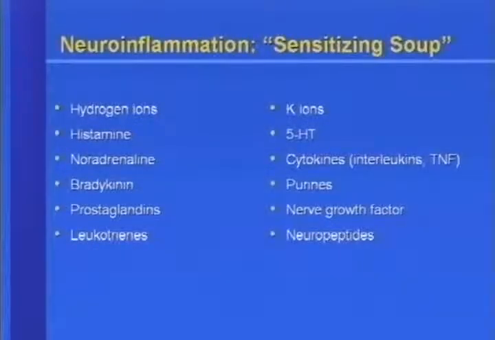In general, I think we think of this sensitizing soup that's causing neuroinflammation, and I've listed there lots of different stimuli that we think are part of this soup that sensitize pain receptors and over time bombard the nervous system and lead to chronic pain or neuropathic pain states.